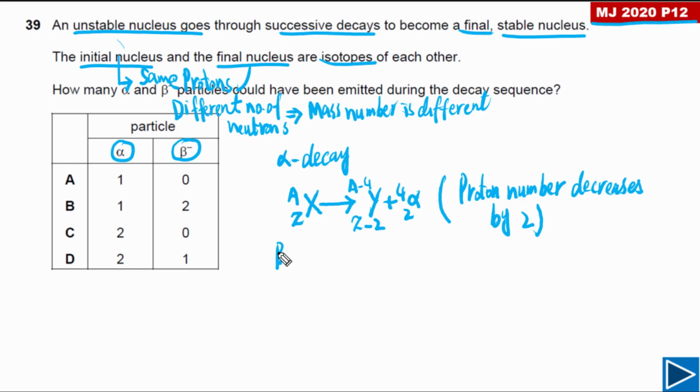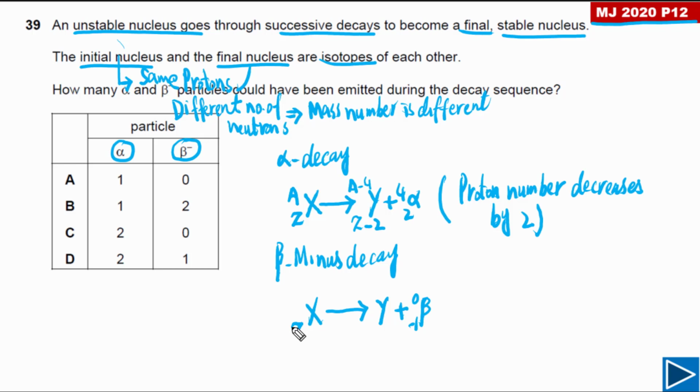Let's write down here beta minus decay. We also need to understand beta minus decay. Let's say we have an X nucleus and this nucleus decays to another nucleus by emitting a beta particle, meaning beta minus.